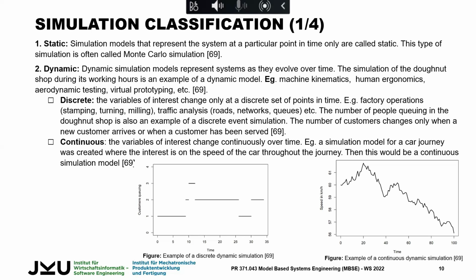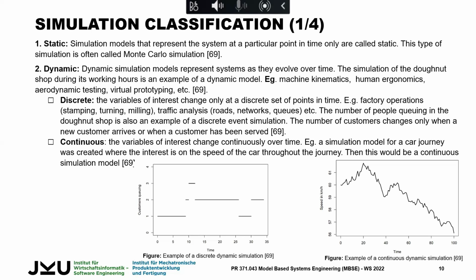This is quite static. But in the continuous one, the variable of interest changes over time. A simulation model for a car journey was created when the interest is in the speed of the car throughout the journey. You see speed and time. If you make the graph, you can easily see the situation in different time domains.